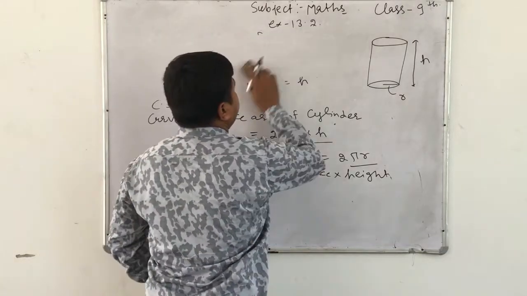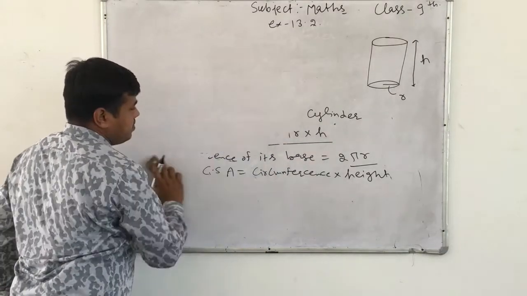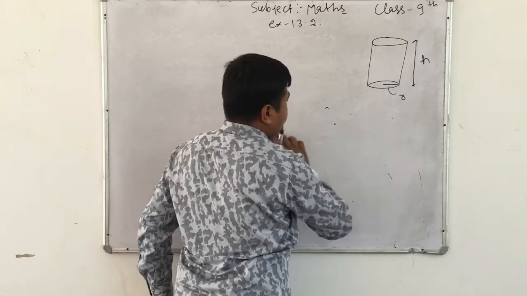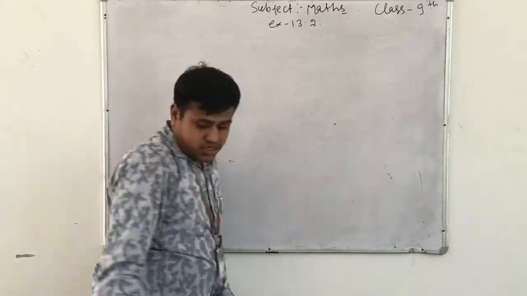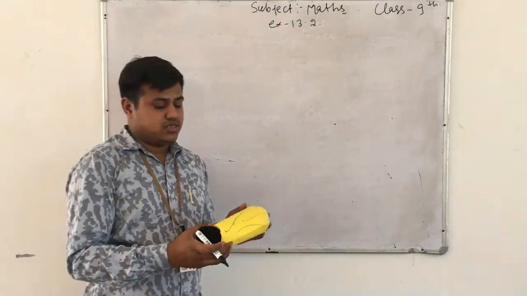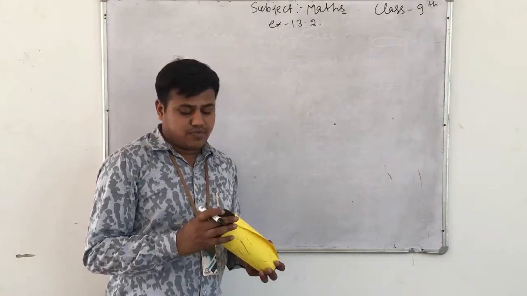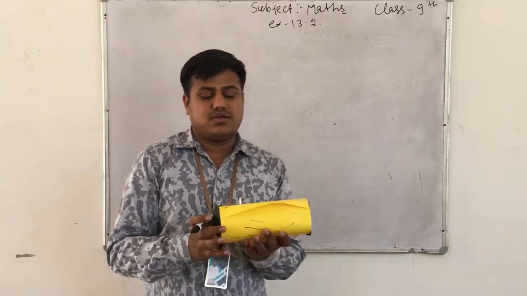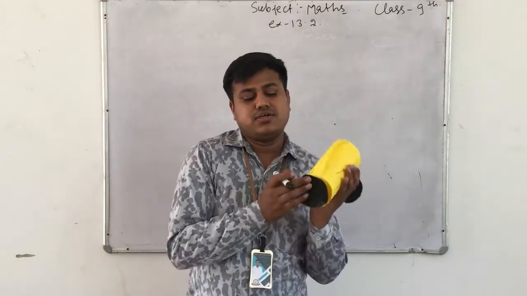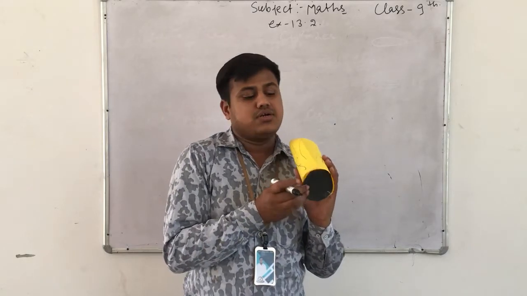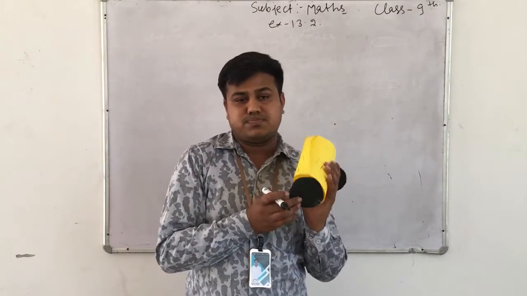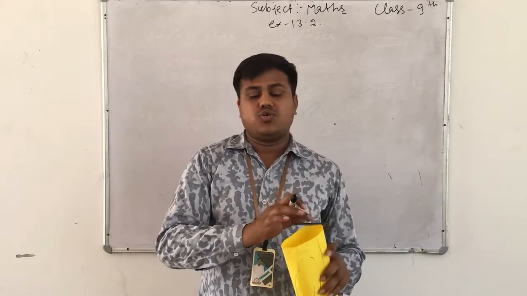Let's see after that, the total surface area of a cylinder. Total surface area means this curved portion, this base part, and this top part.